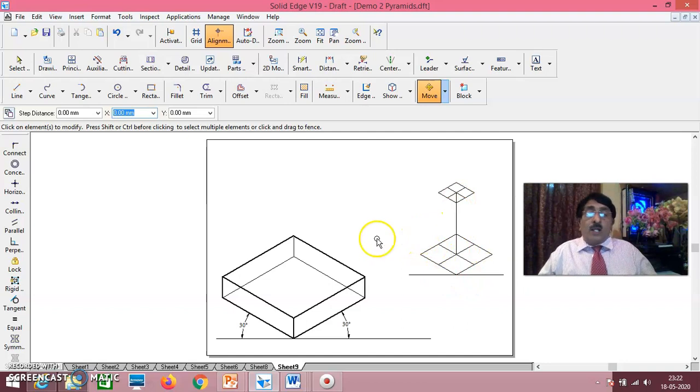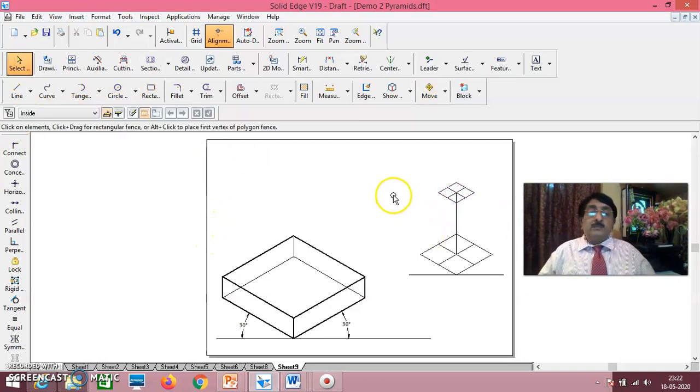Now to darken this, I've always told you, always concentrate on the top surface first. See here what I'll do. Concentrate on this.